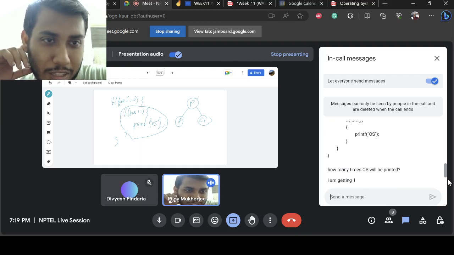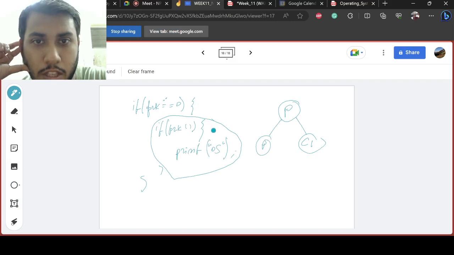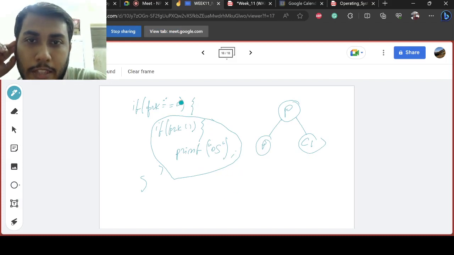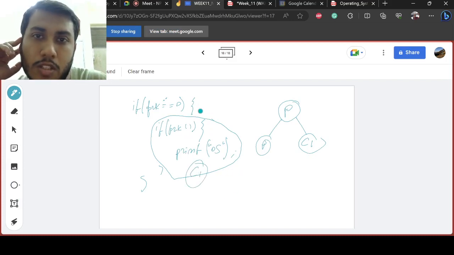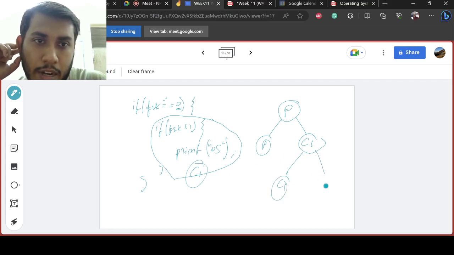Are you sure that this was the answer? Because I think it will be printed once, because C1 will execute this part. This part will only be executed by C1, because only the child will get it. So this fork will create two things: C1 and its child C2.